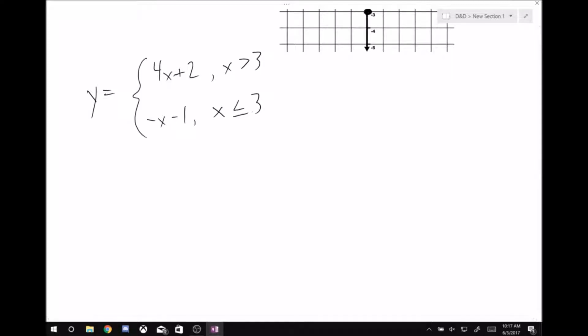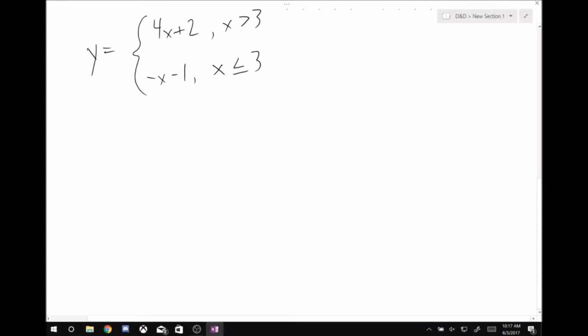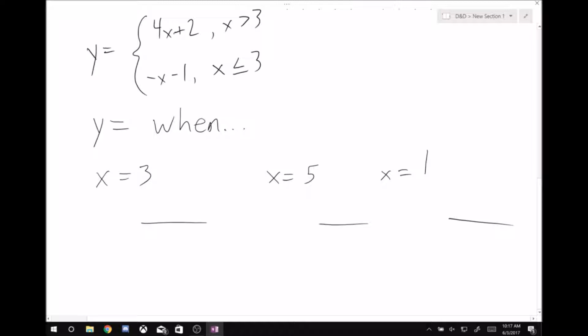So what it would say is something like, what is y equal to when, and then it would say like when x equals 3, when x equals 5, and when x equals 1. And it would give you some blanks for these or something like that.